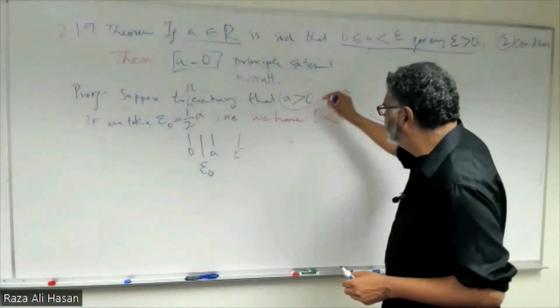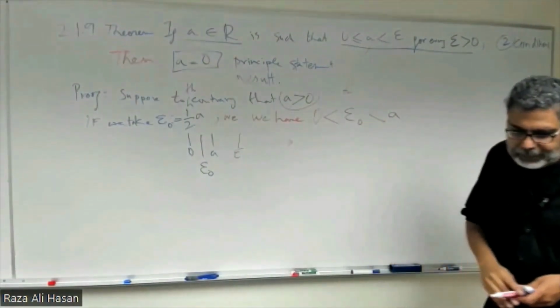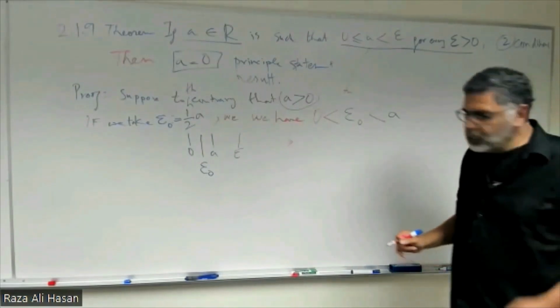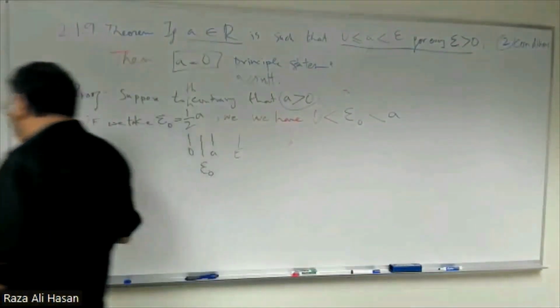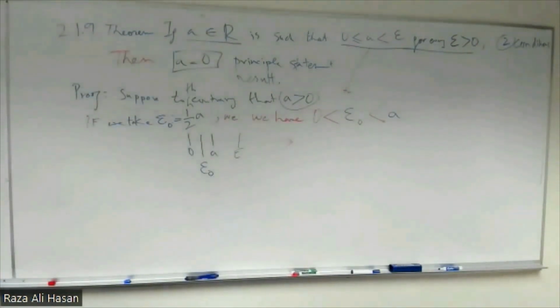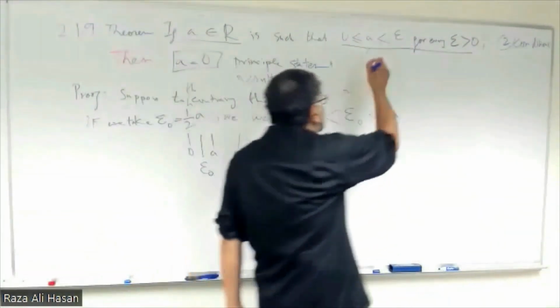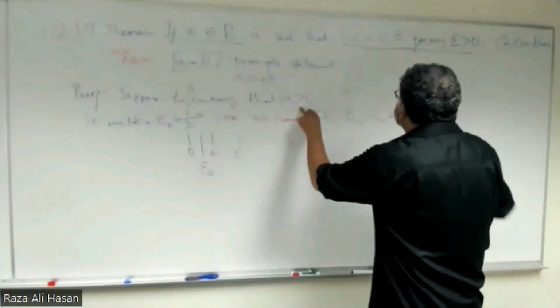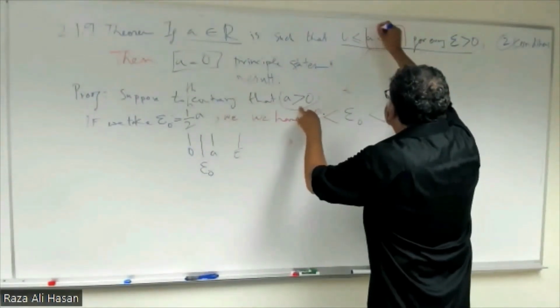If that is the case, then we have found an epsilon that is not bigger than A. We have found an epsilon where A is not smaller than that epsilon. This condition got killed.